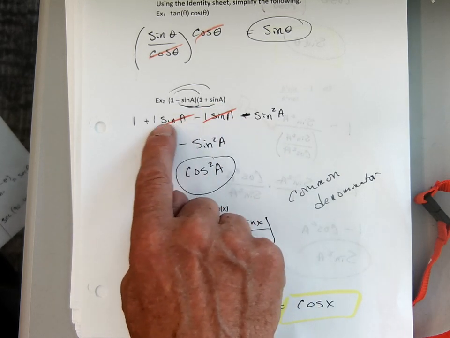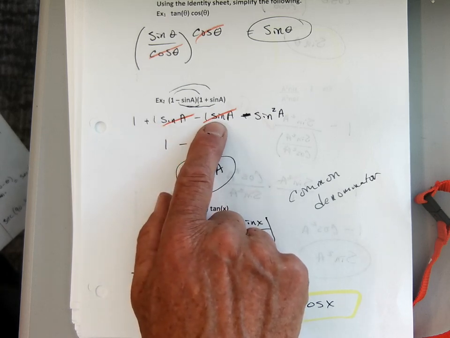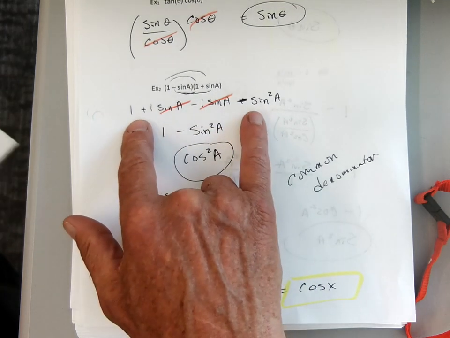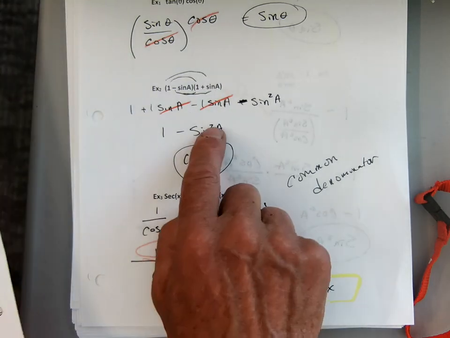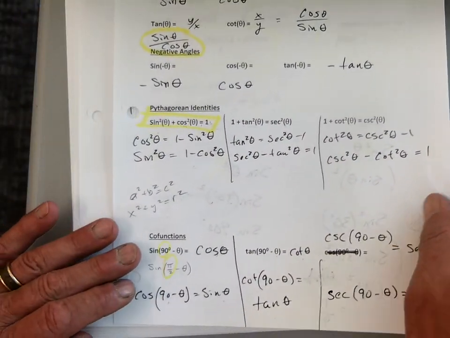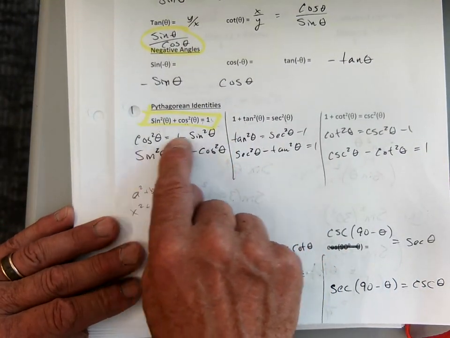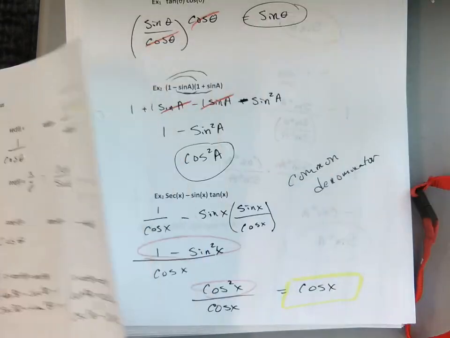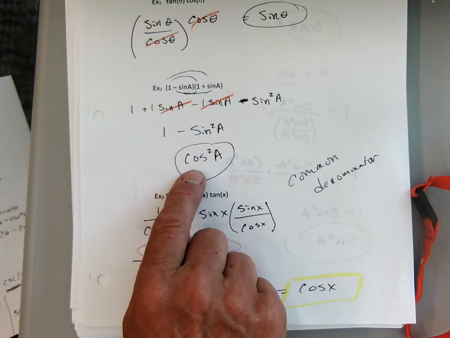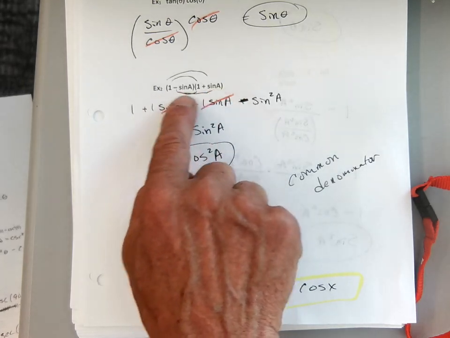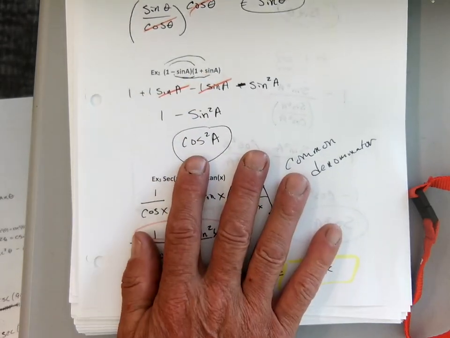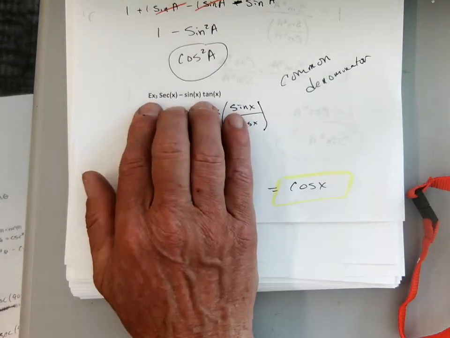These 2 cancel, positive sine and negative sine, and then we get 1 minus sine squared. I look at my identities, and 1 minus sine squared is cosine squared. So I rewrite this as a cosine squared, and that's my answer. So this expression can be simplified to a much nicer version, okay?